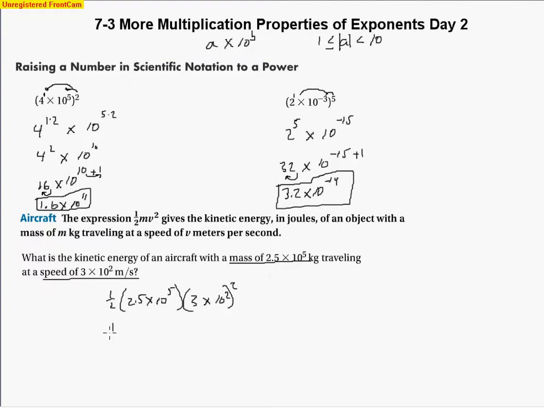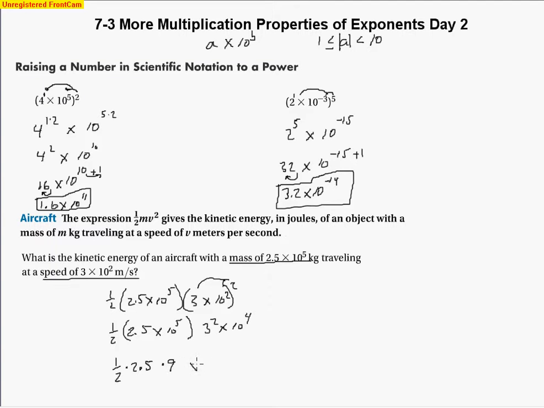So I bring down the 1/2, still have this 2.5 times 10 to the 5th power, but then over here, when I square each of the components inside the parentheses, I end up with a 3 squared times 10 to the 4th power. So I can start moving some terms around. Everything's being multiplied here. So I have 1/2, I've got a 2.5, and I've also got a 3 squared, which ends up being 9.